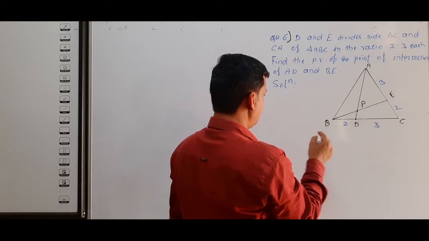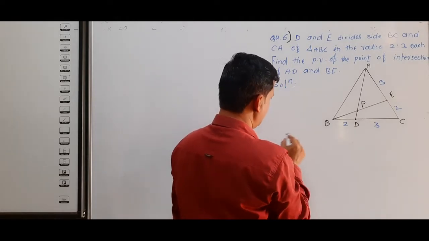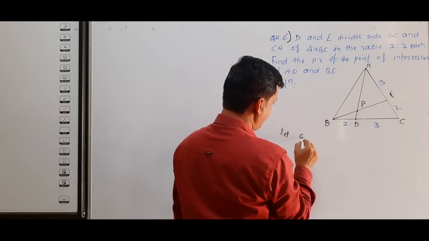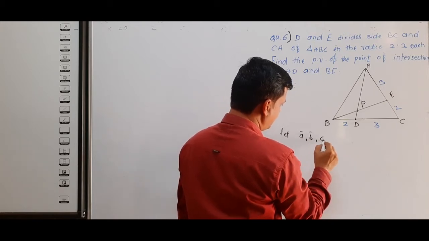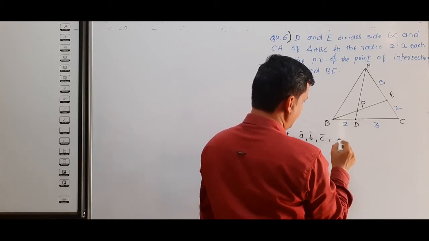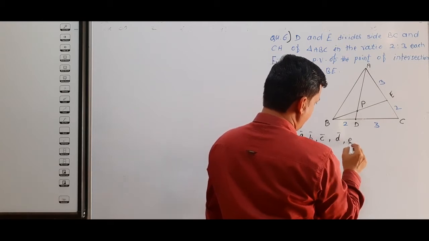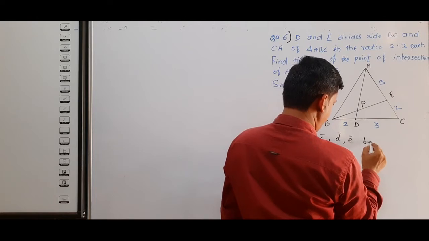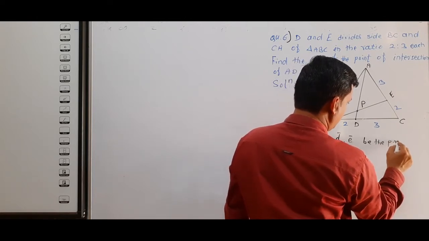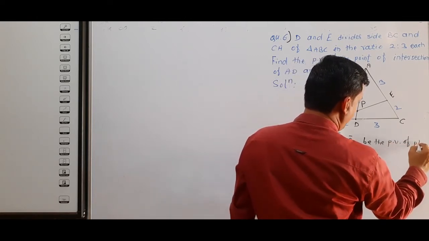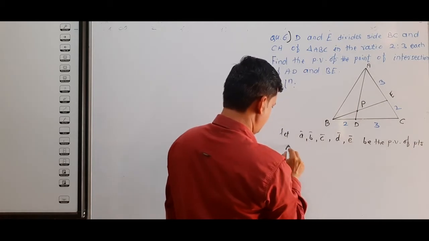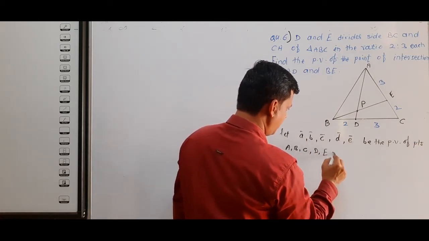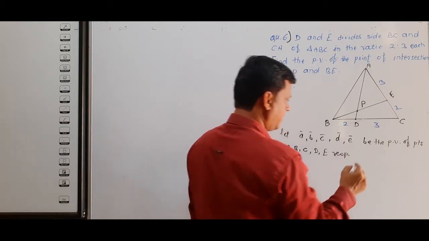So in the solution, let A bar, B bar, C bar, D bar, E bar be the position vectors of points A, B, C, D, E respectively.